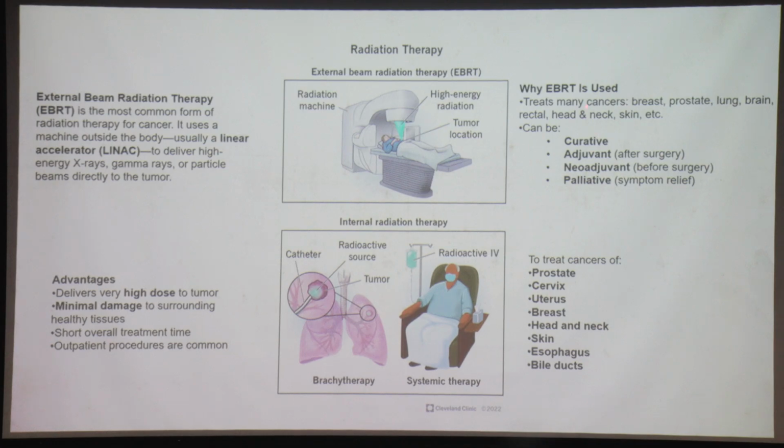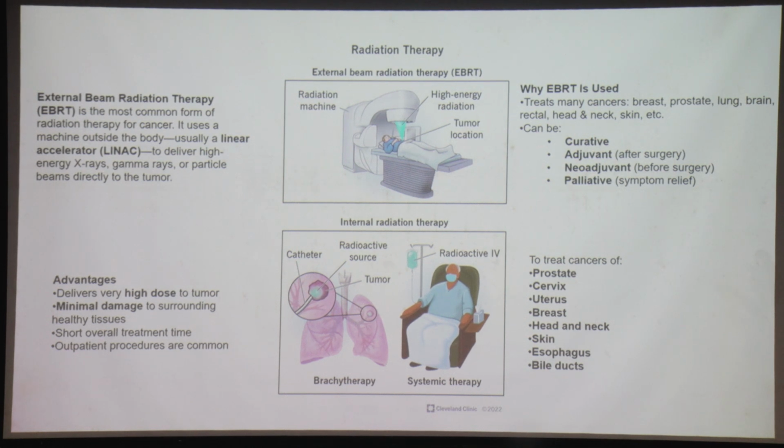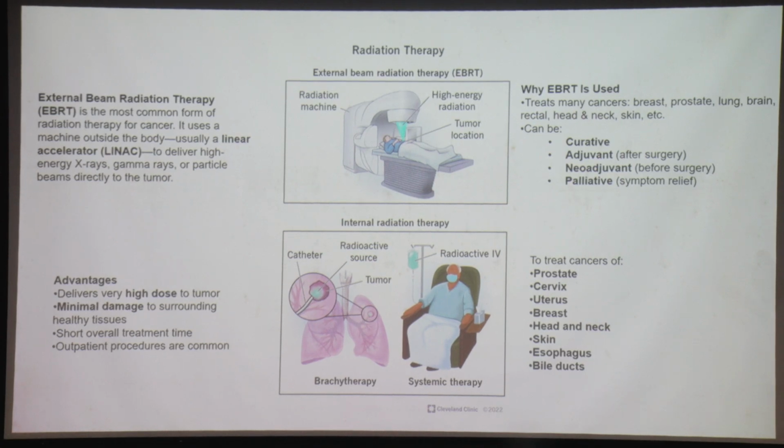Why is this used? It is used for many cancers like breast, prostate, lung, brain. So it's a very common kind of treatment for many different kinds of cancer. It can be curative. You can cure cancer by radiation, which is very good. Sometimes when a person has cancer, you remove it by surgery, but you cannot see every single cell.